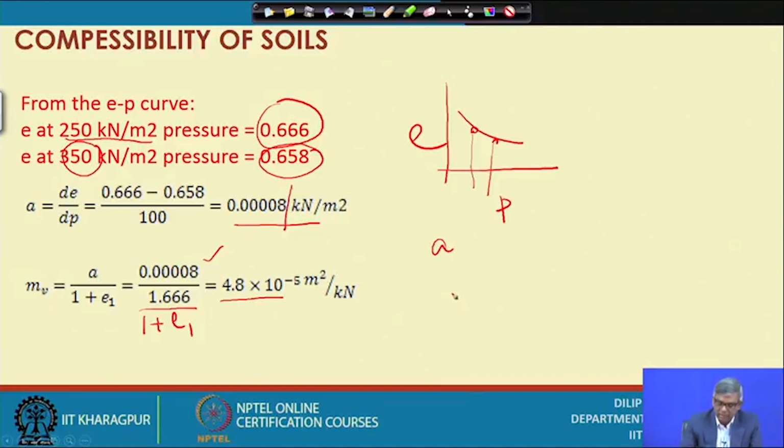As we mentioned, if I apply pressure on the soil, under this pressure the soil will undergo consolidation. When compression continues and you see no change of thickness, that means compression is complete under this loading, and consolidation is completed.